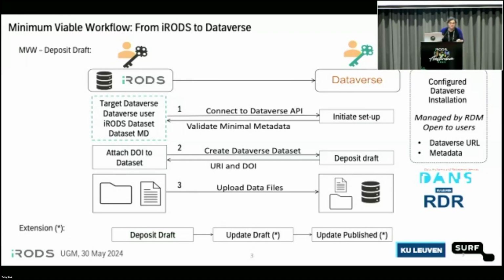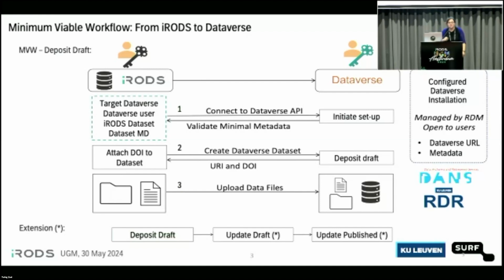As long as this draft is deposited, then the data upload takes place, and that can be done file by file or in bulk. An important component of this workflow is that the Dataverse installations have to be pre-configured.